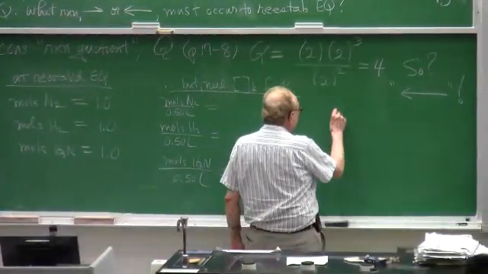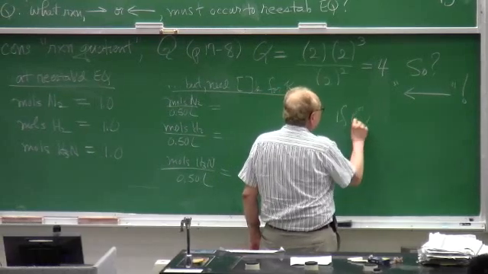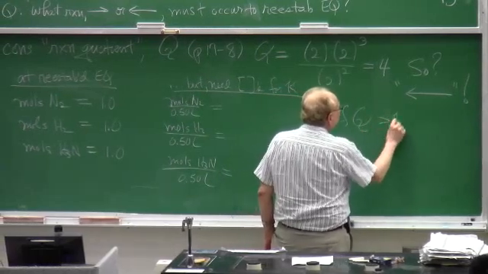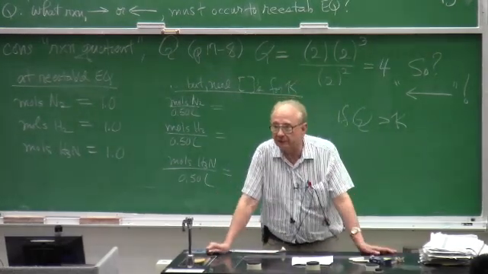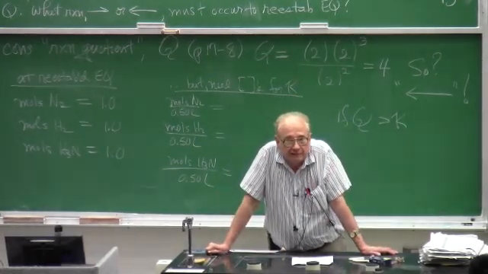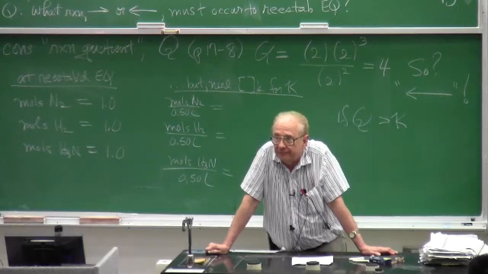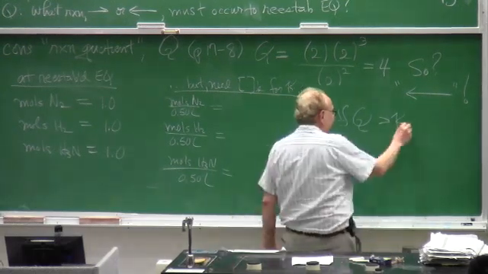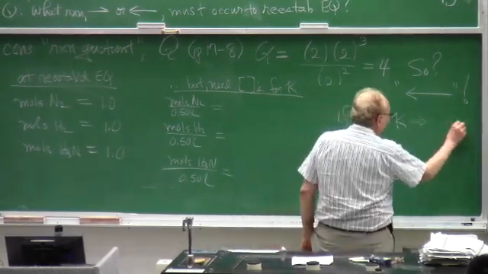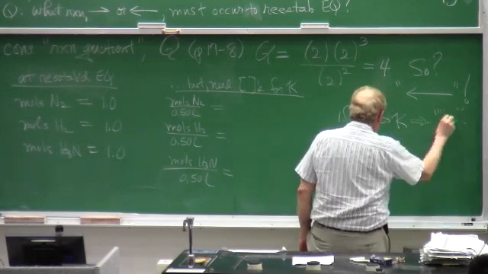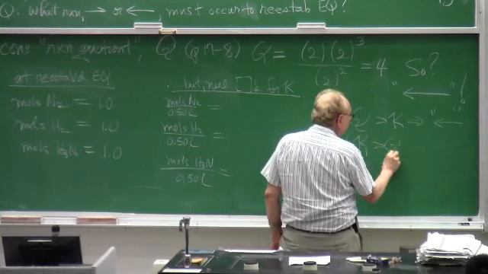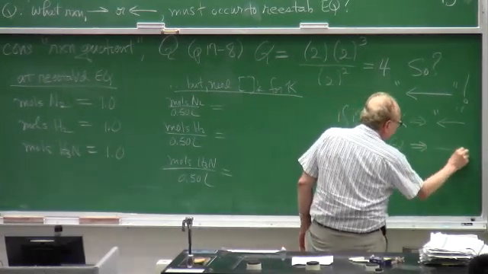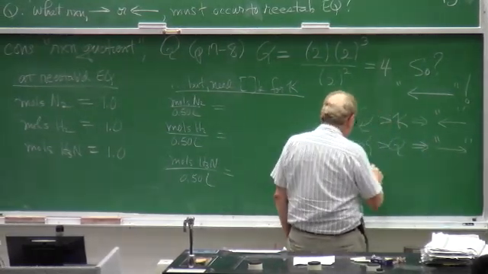Question: if Q is greater than K, what reaction occurs in the system to get us back to equilibrium? Reverse. But if K is greater than Q, then left to right is written.